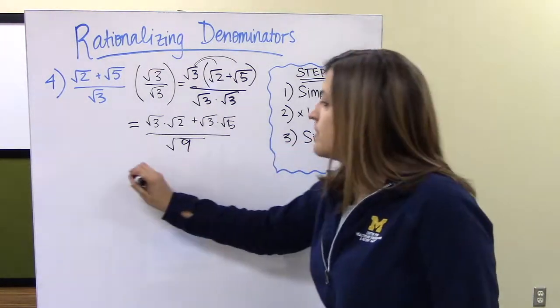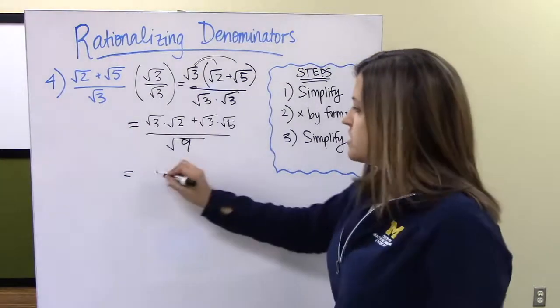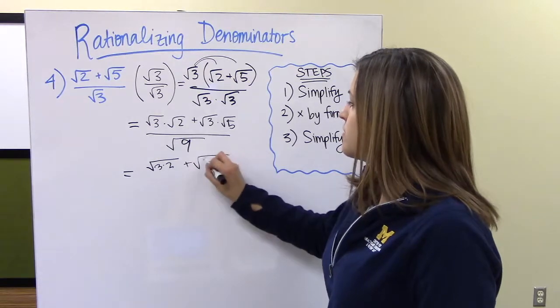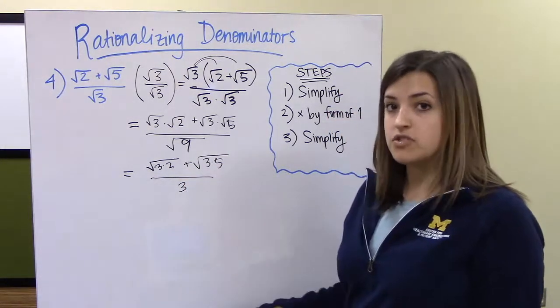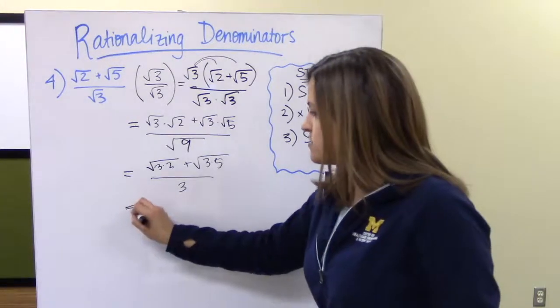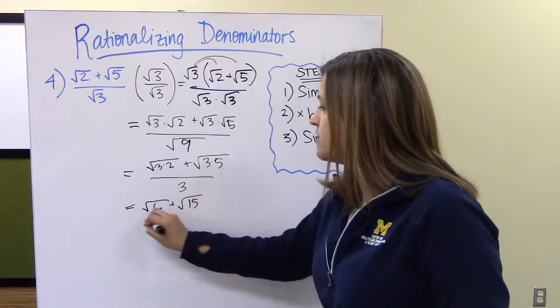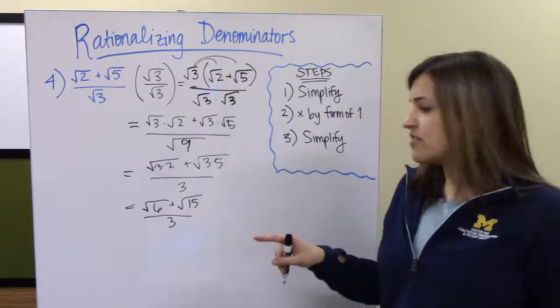All right, so I'm going to rewrite this again with all of my product property attributes here. I'm going to multiply 3 times 2 plus square root of 3 times 5 over 3. Square root of 9 is 3. Let's write it again. So we're going to get the square root of 6 plus the square root of 15 over 3.